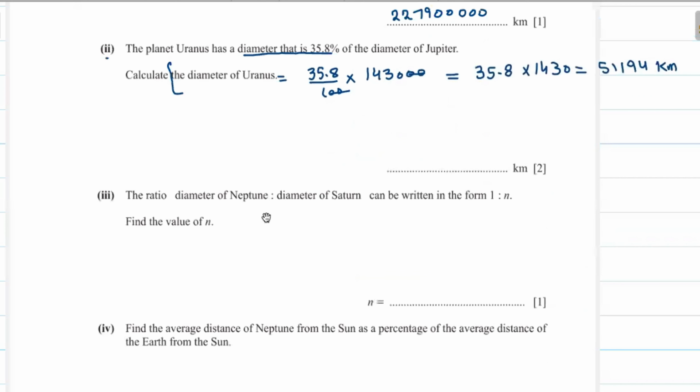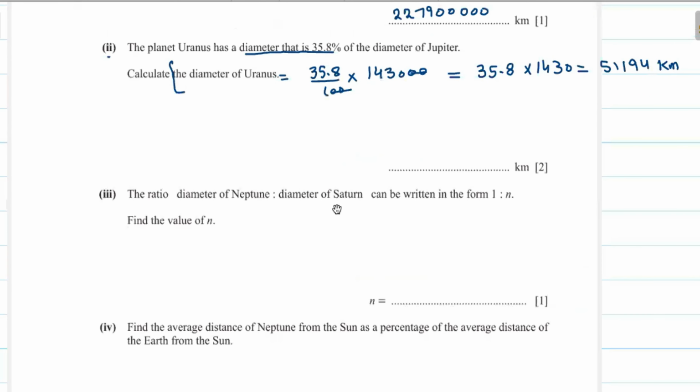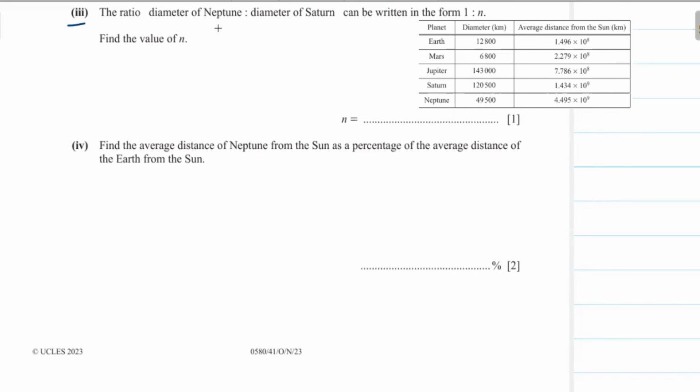Part third, the ratio of the diameter of Neptune to the diameter of Saturn can be written in the form of 1:n. Find the value of n. The diameter of Neptune, you see here, is 49,500, ratio, the diameter of Saturn is 120,500. Now we have to make the ratio 1:n.